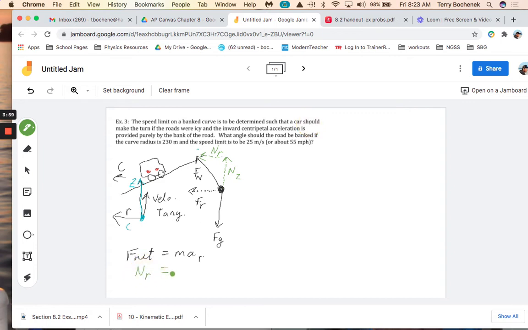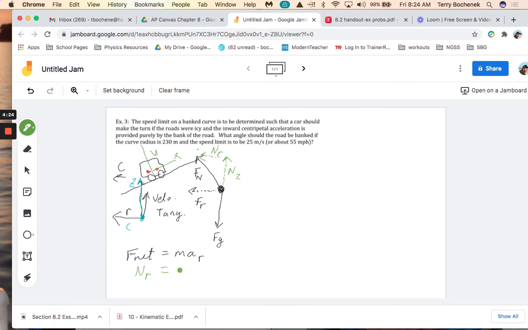There's no friction. The inward component of gravity, if we were to still think of our XY axes like this, X does not point straight inwards. It points down the hill and below toward some point below the center of the circular path. So that is not the centripetal force.